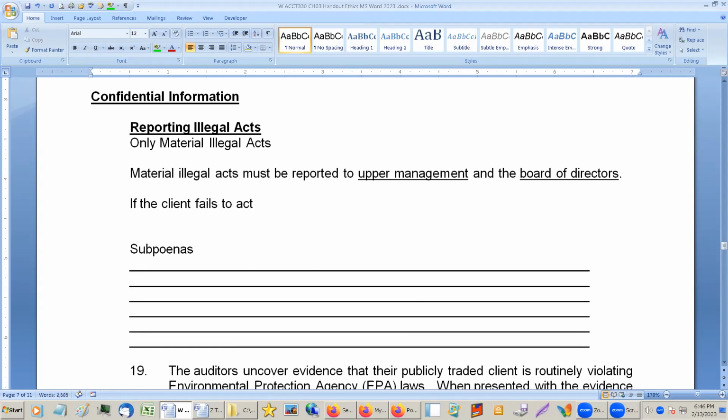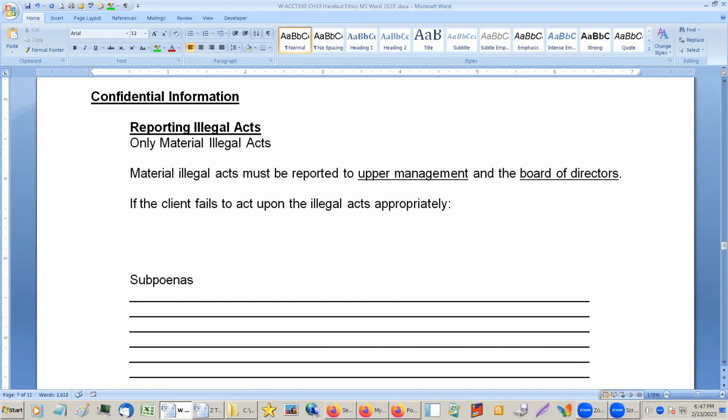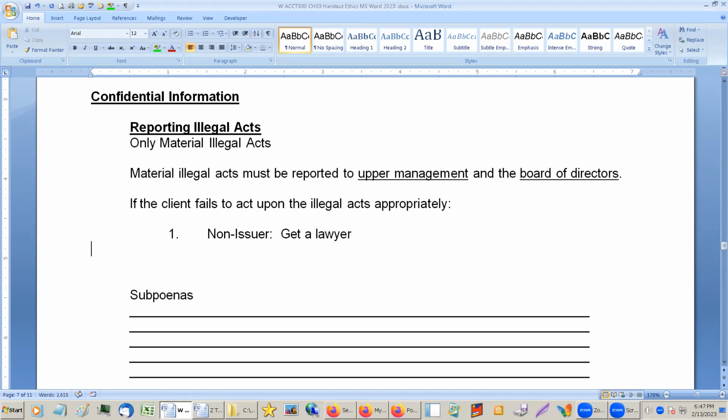If the client fails to act on the illegal acts appropriately, and it's a non-issuer, get a lawyer, which I know is a cop out, but that's what you do.